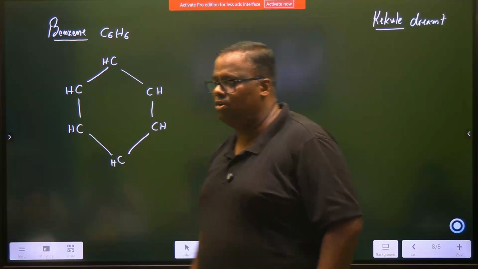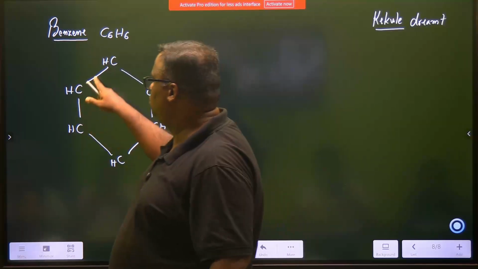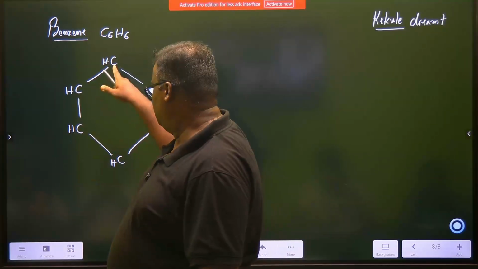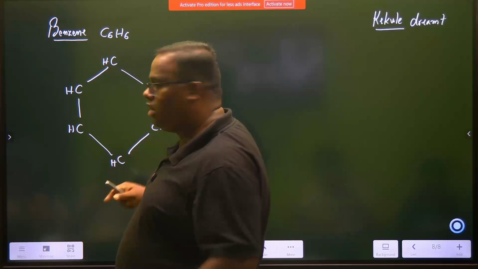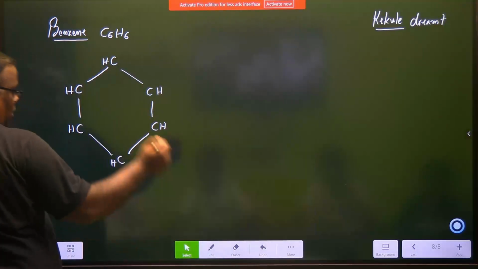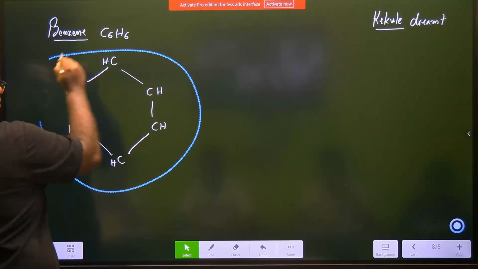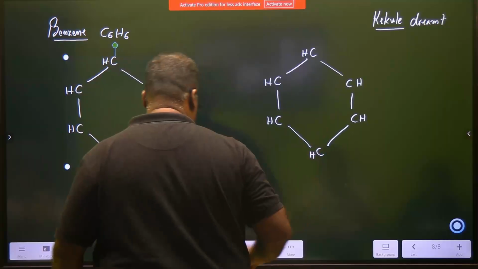It has a valency of how much? 4. So what is the valency? 1, 2, 3. What about this carbon? 1, 2, 3. What about this one? 1, 2, 3. The 4th is not yet satisfied. Allow me to do one jugglery out here before we go to the benzene structure. I'll just clone this and keep one more structure out here.